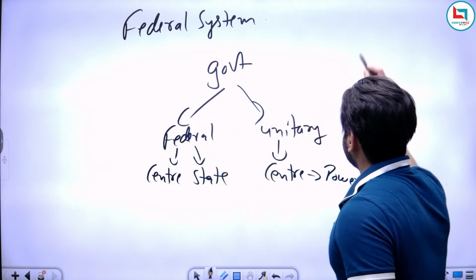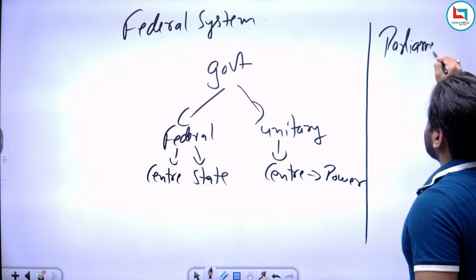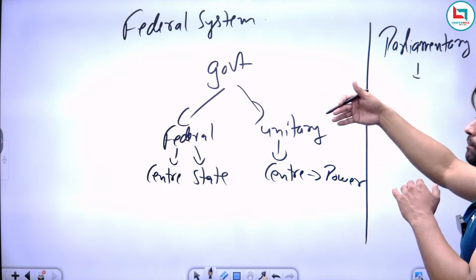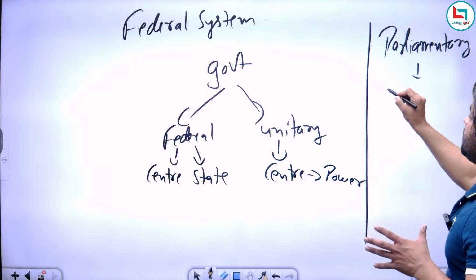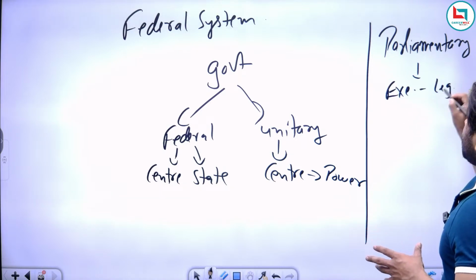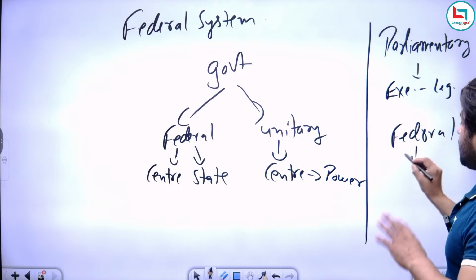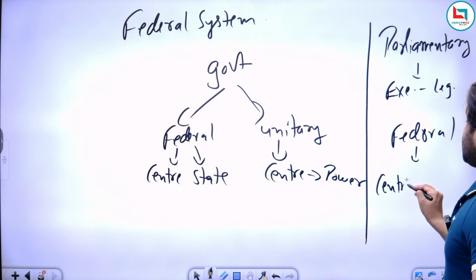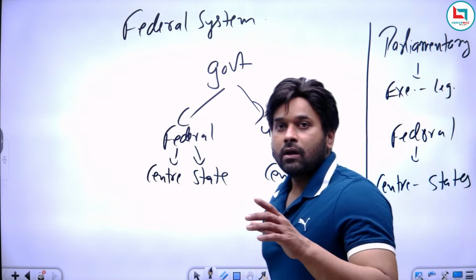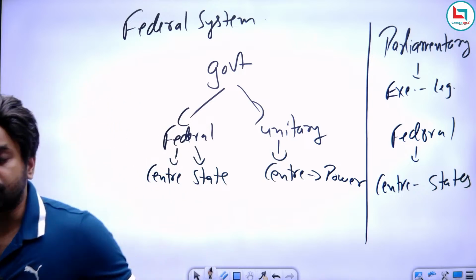So we can write somewhere that the difference between parliamentary and presidential is the relation between the executive and legislature. And in federal system, it is about the relation between the center and states. I hope now you are able to understand the difference between the two.